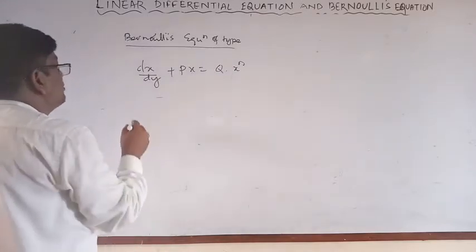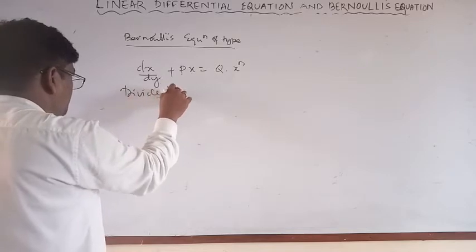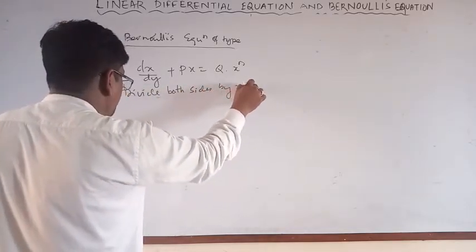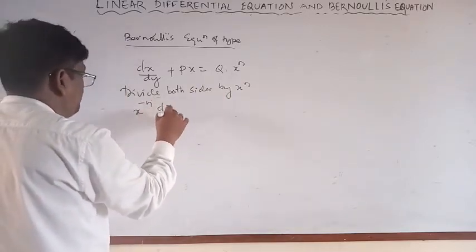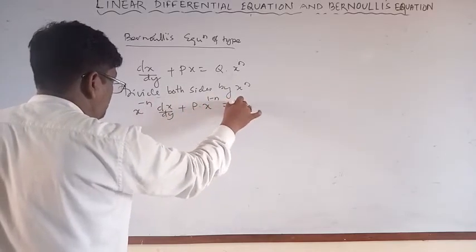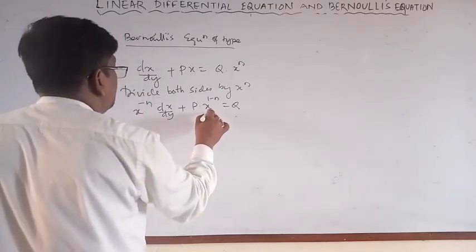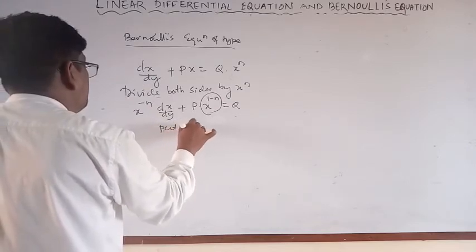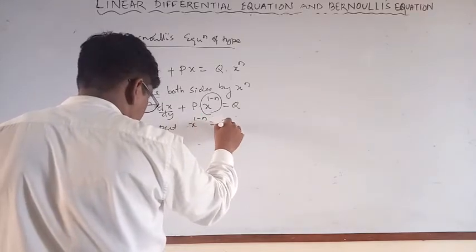Divide both sides by x to the power n. So x to the power minus n into dx by dy plus p into x to the power 1 minus n is equal to q. Put x to the power 1 minus n equal to z.